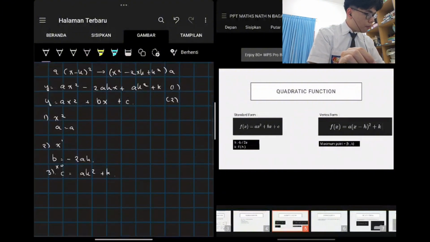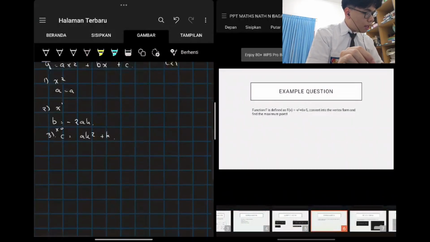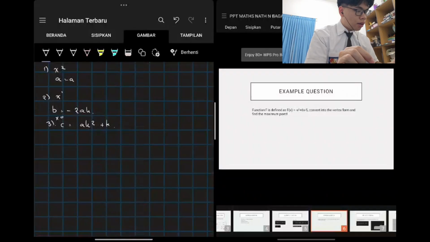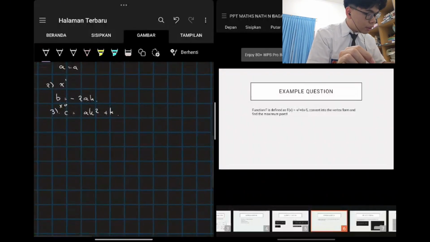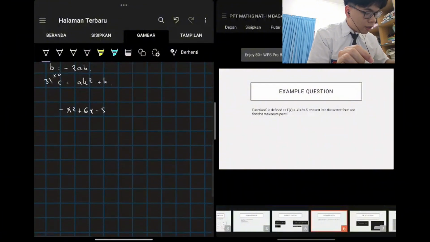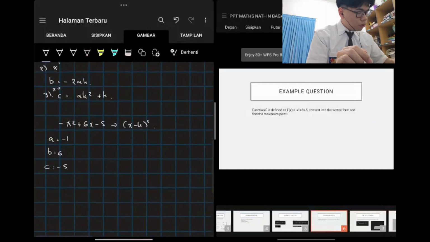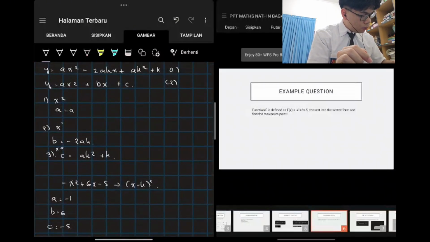All right. So for the example over here, we have this equation where we are asked to convert the equation of minus x squared plus 6x minus 5 to the vertex form, which involves (x minus h) squared. So we define a first, which is minus 1, b equals 6, and c equals minus 5. From this, we get that h equals minus b over 2a.